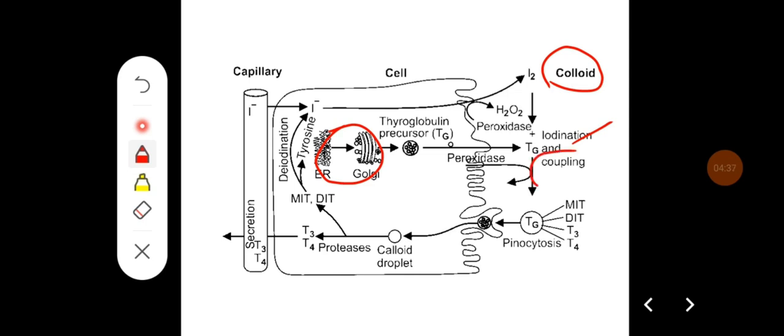So there will be coupling of these MIT and DIT, and the thyroid hormones which are combined with thyroglobulin are released into the colloid, which are picked up into the thyroid cells, and they are secreted back into the circulation.